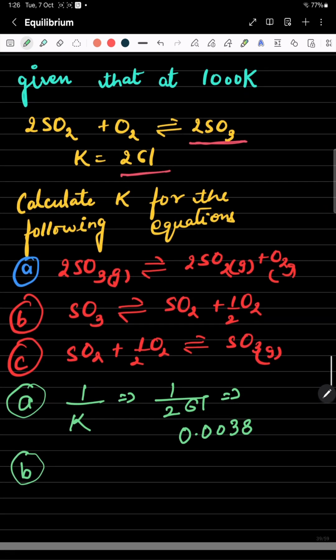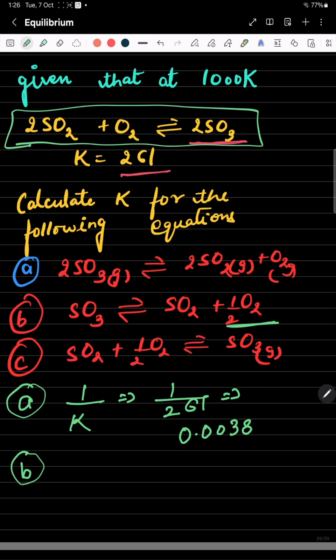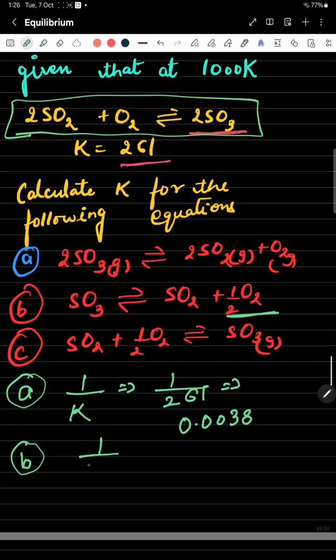Now for B, SO3 in equilibrium with SO2 plus half O2. Calculate the K value for this reaction. Firstly, this is your main equation. You are doing a reverse, and after the reverse you are dividing the equation by 2. Once you divide the equation by 2, it becomes the square root of K. So it becomes 1 upon under root of K, that is 1 upon under root of 261.